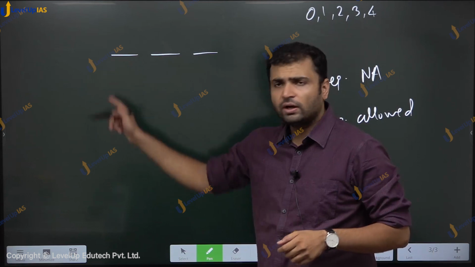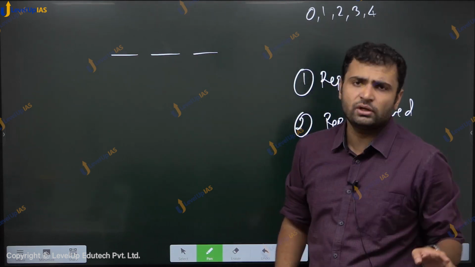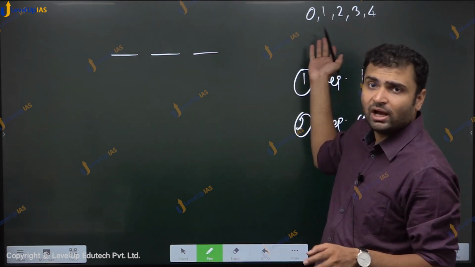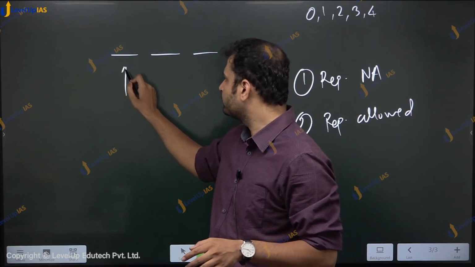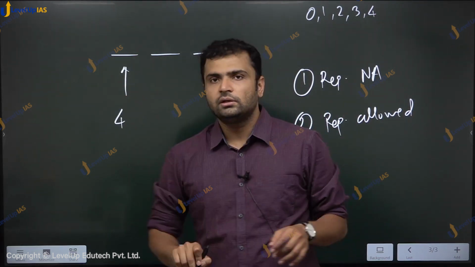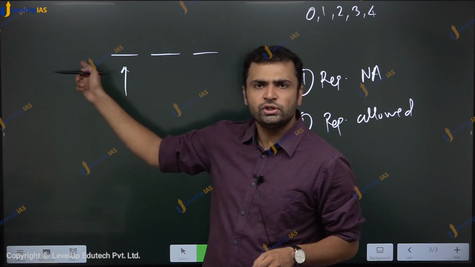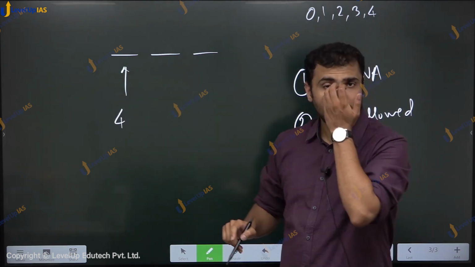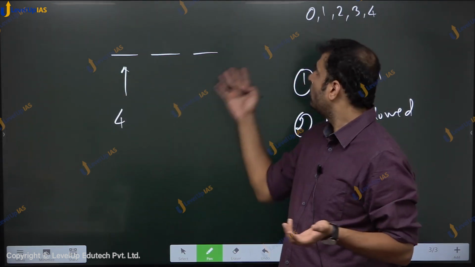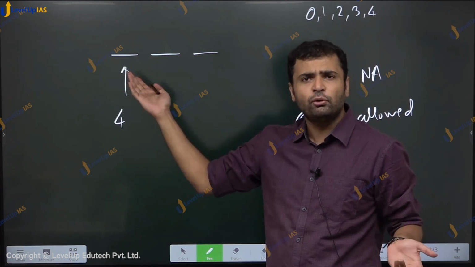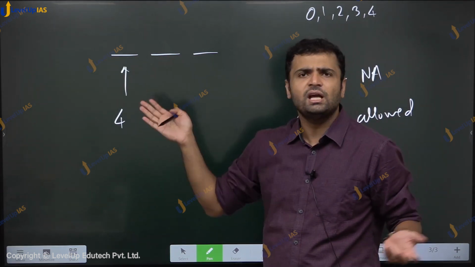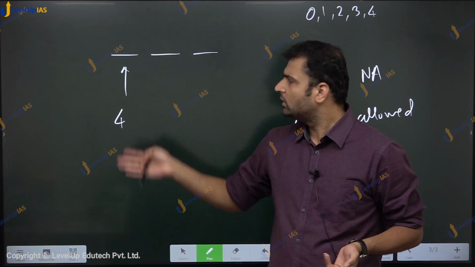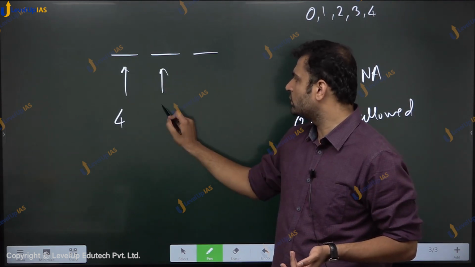So for hundreds place, we want a non-zero number. How many non-zero choices we have? 4 choices. Correct? So one of those 4 choices we use here. Now for tens place, how many choices remain? Out of 5, 1 is used here. Again 4 remain. यहाँ पे तो 0 आ सकता है, tens place के लिए कोई problem नहीं है. So here also we have 4 choices.